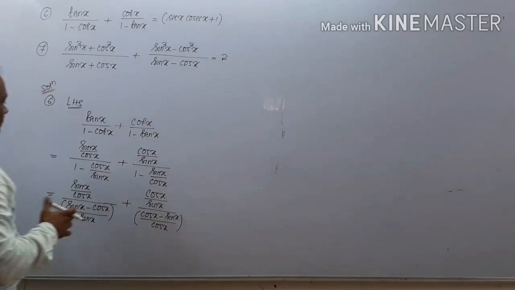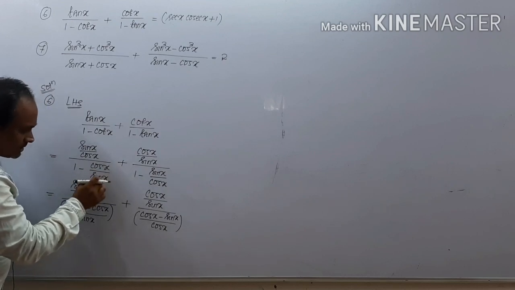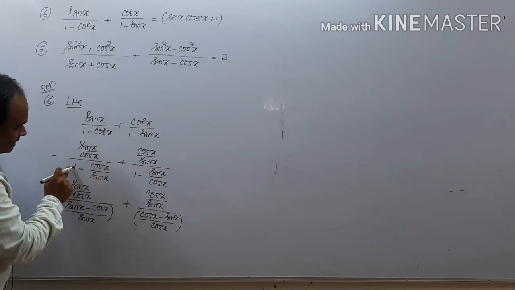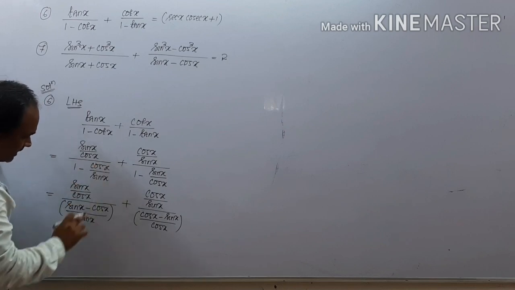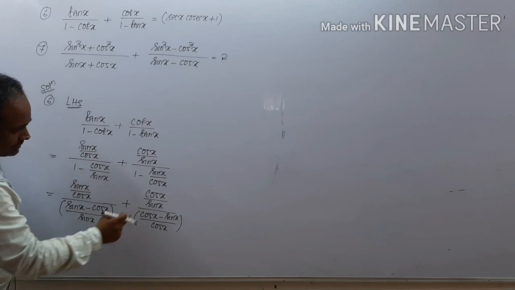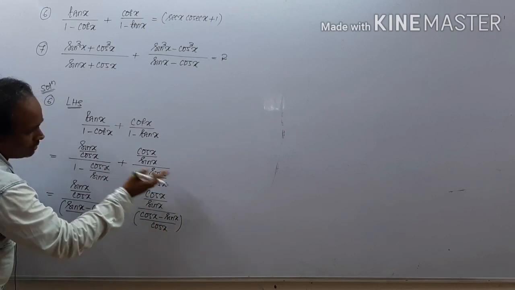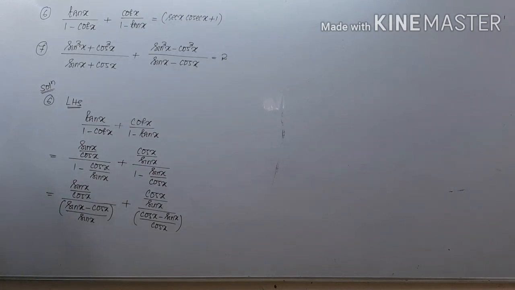See here, what I did here, in the denominator I have taken sin x as LCM, so clearly this is sin x minus cos x whole divided by sin x. If we will separate this one, we will get this one, right? Similarly here also I have taken LCM as cos x, so clearly cos x minus sin x, right?